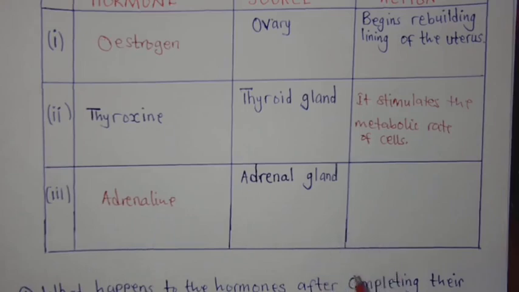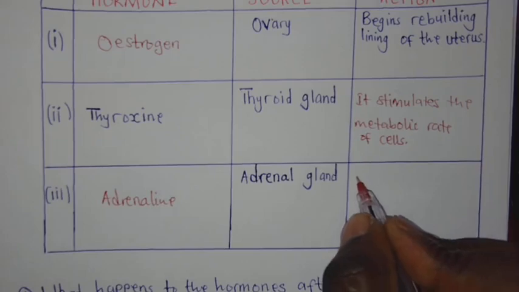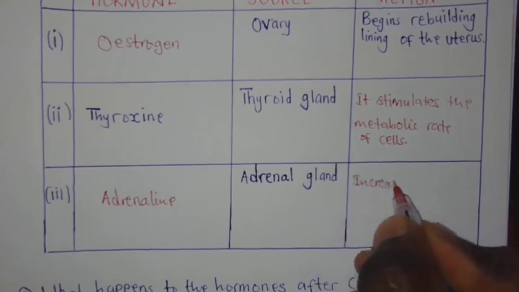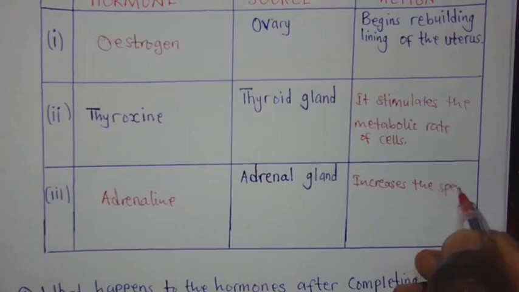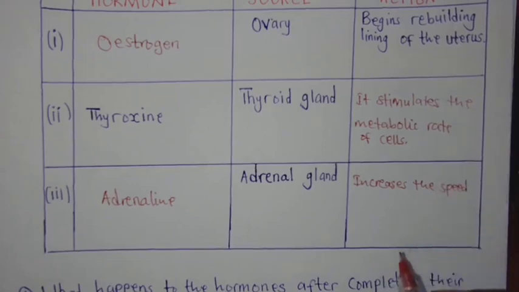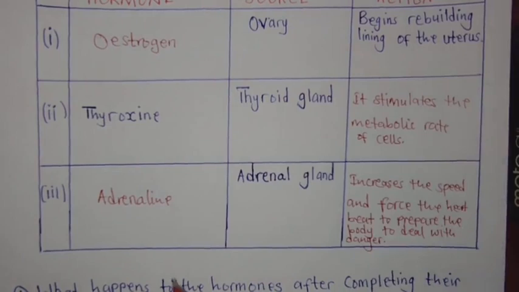Or we can say it increases the speed and force of the heartbeat to prepare the body to deal with what? Danger. Or we can just say adrenaline hormone prepares the body against emergencies called the fight and the flight. Okay, so we have answered question A.